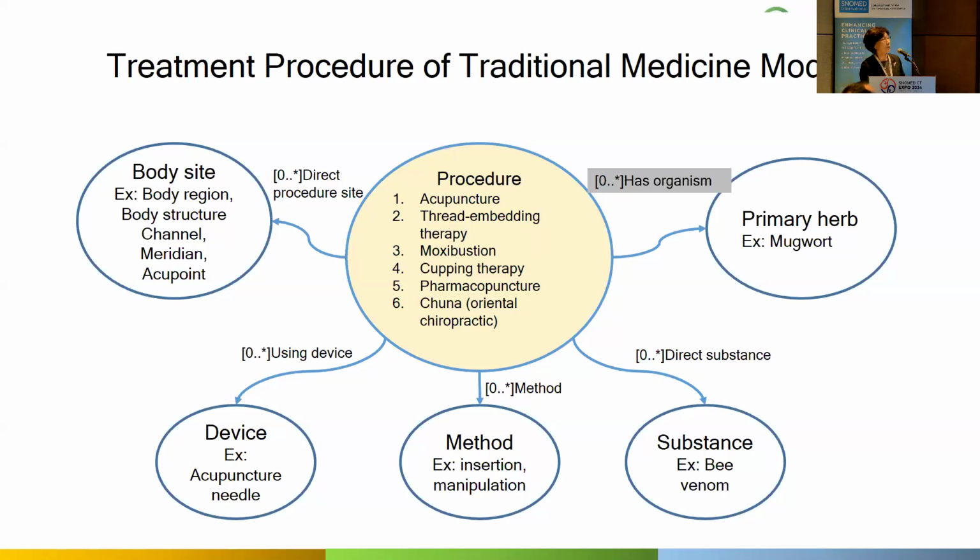Some procedures can have only body side, some procedures can have only device parts, some procedures have only method parts. And for example, in moxibustion, they use a plant there, mugwort. So that's why we need even a primary herb to describe different types of procedure.